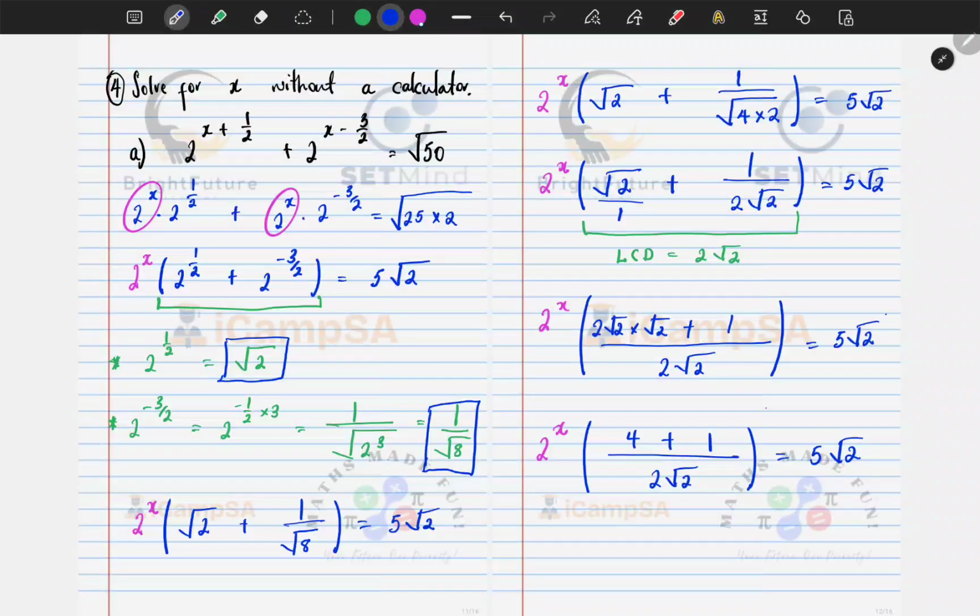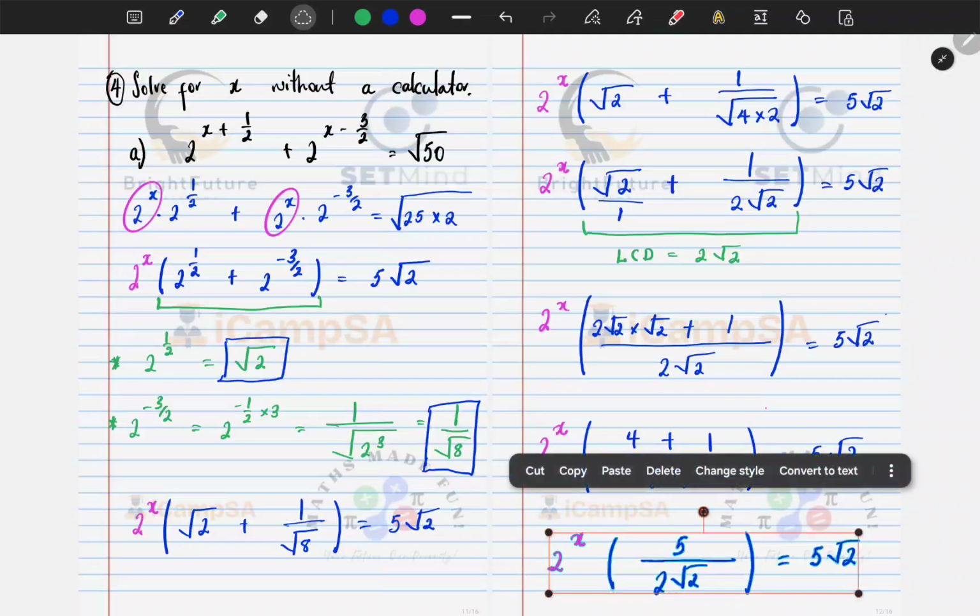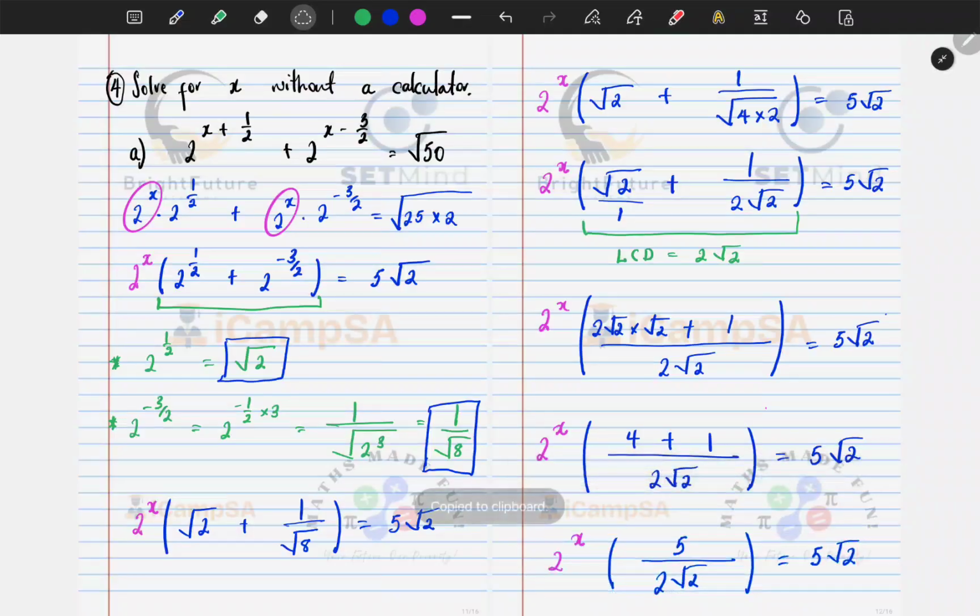And then this is going to be your 2 to the power of x, all over 5. 5 over 2 root 2 equals your 5 root 2. And now let's go to the next page and try to simplify this further.